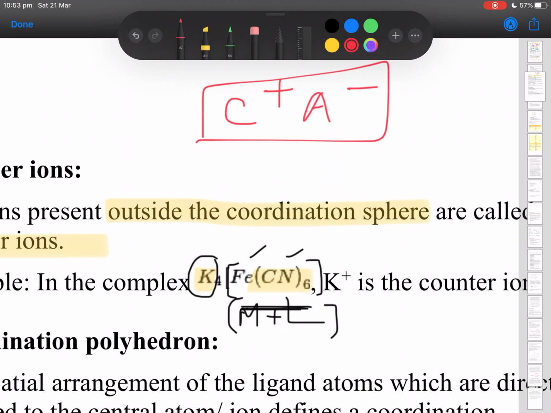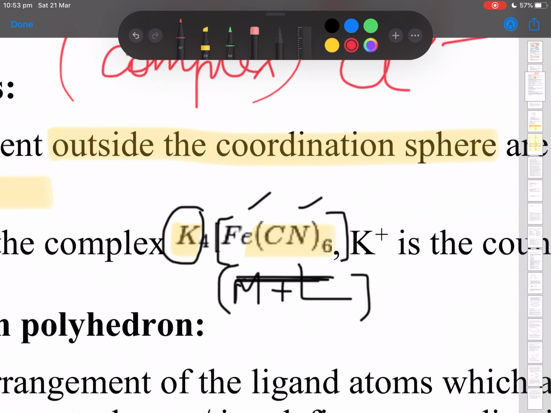So in the previous example, the entire complex was a cation and Cl minus was an ionizable anion. So it was towards the right side, right? But here the entire complex is an anion. It carries a negative charge, and the potassium is basically your ionizable cation.